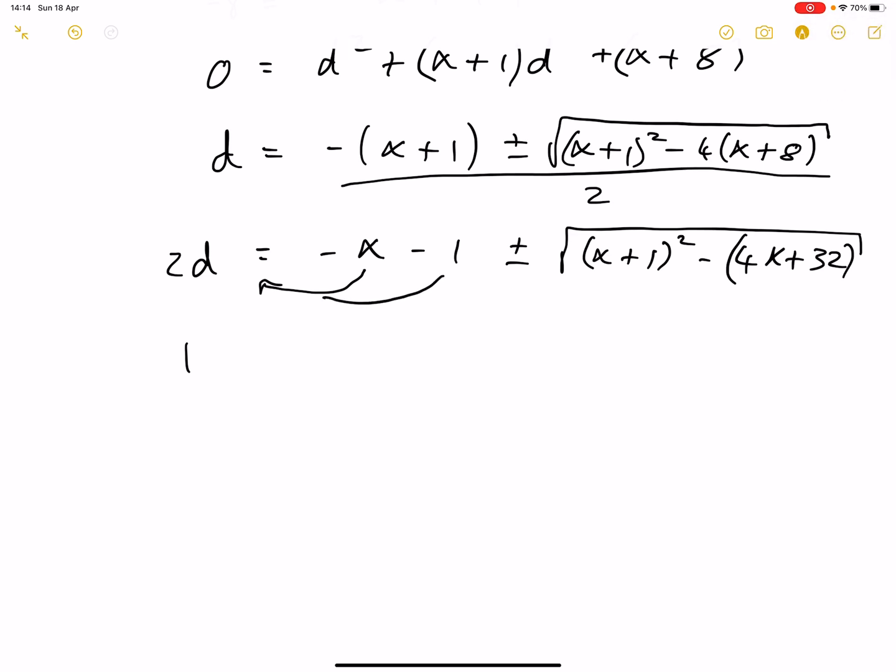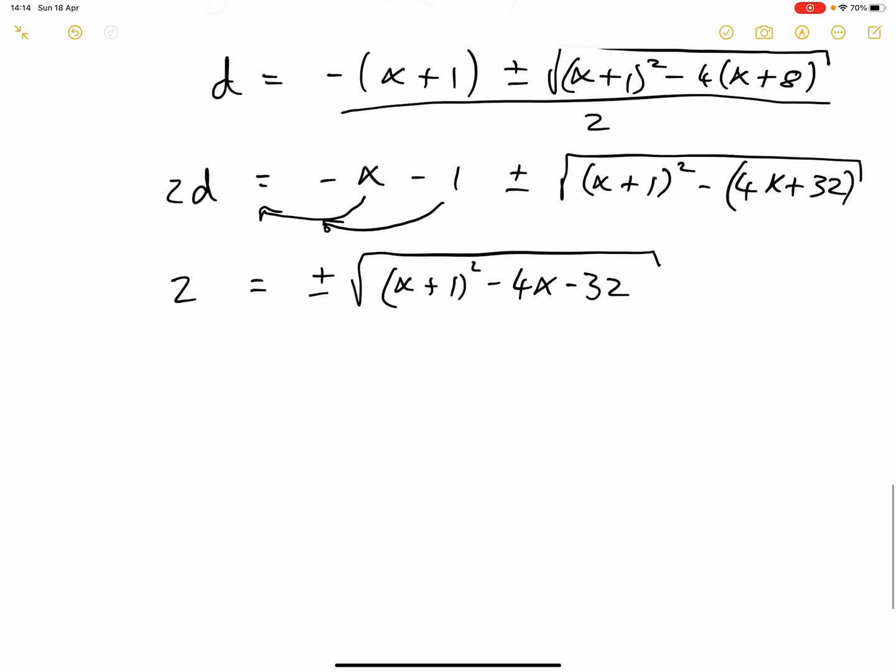So I'll draw an arrow across, and so I'll get that 2 is equal to plus or minus the square root of alpha plus 1 squared minus 4 alpha minus 32. And what I'm now going to do is square both sides, but I have to remember that I did have a plus and minus here, so I will be looking for two solutions later.